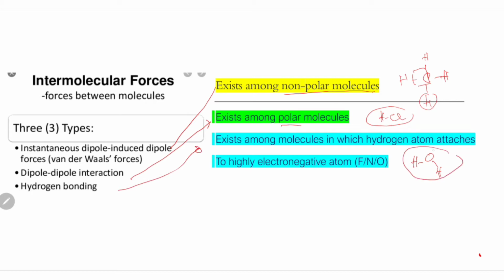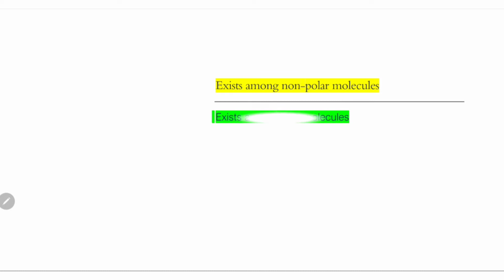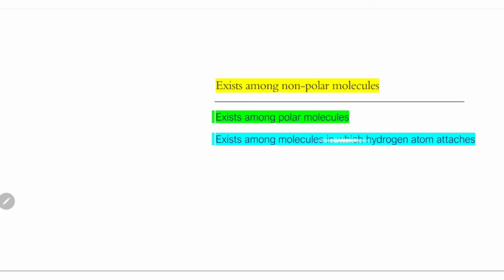For example, in H2O, where H is bonded to oxygen. Intermolecular forces depend on the type of the molecule. If the molecule is non-polar, or polar, or attached to hydrogen, the intermolecular forces will be different.